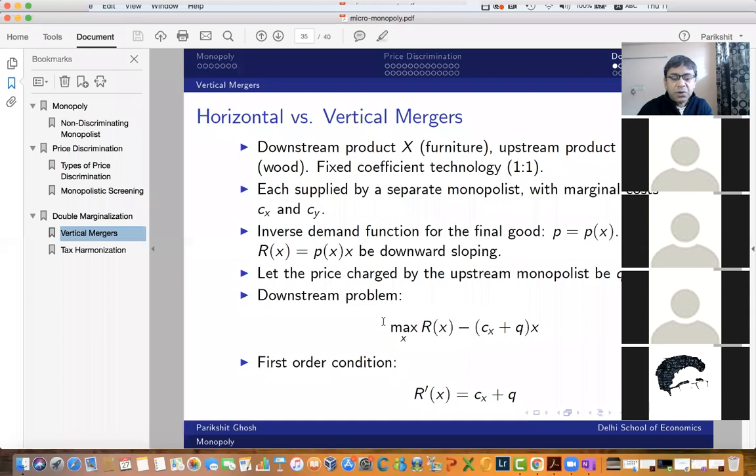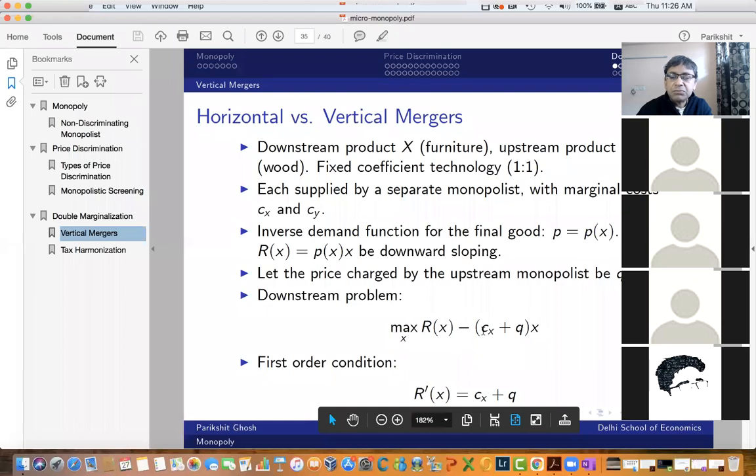So how do we solve the problem? Well, we solve the problem backwards. Okay, so the upstream firm, the logging company producing the wood, let's say they have announced a price of wood, which is Q, right? Q is here not quantity, it's price. Now the downstream firm, the furniture monopolist, will take that Q as given, and it will solve its profit maximization in the standard way.